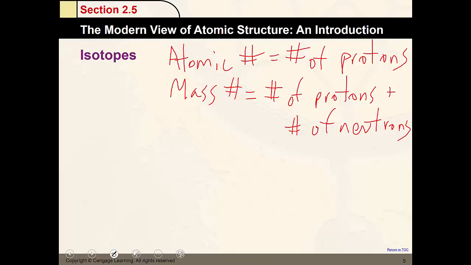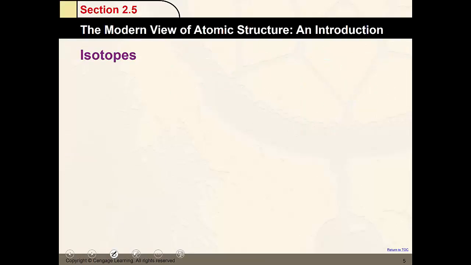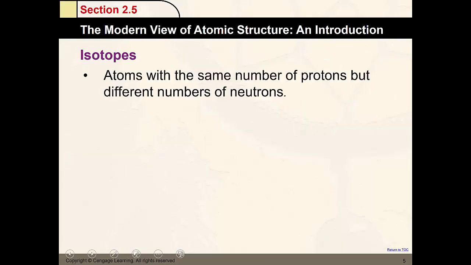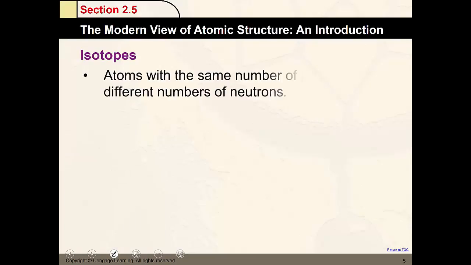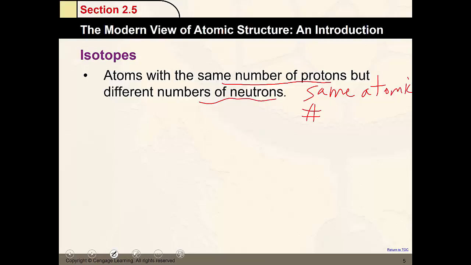Okay? Then within a particular atom, we have what are called isotopes. So it's the same atom, because it has the same number of protons. So it has the same atomic number, but it has a different number of neutrons.